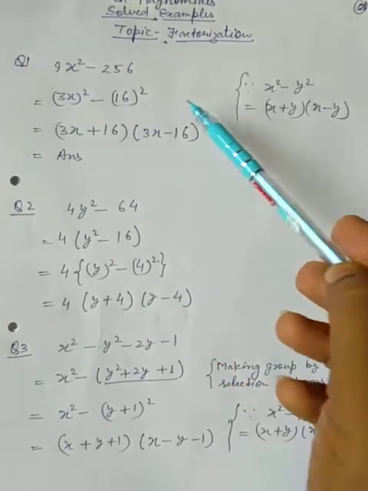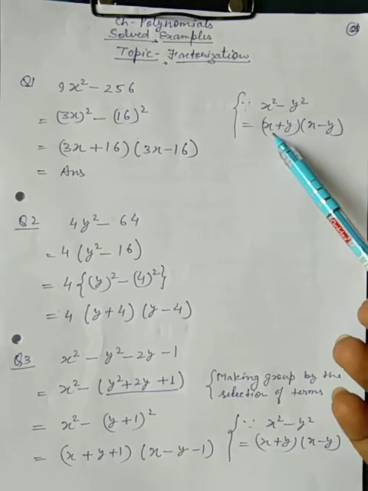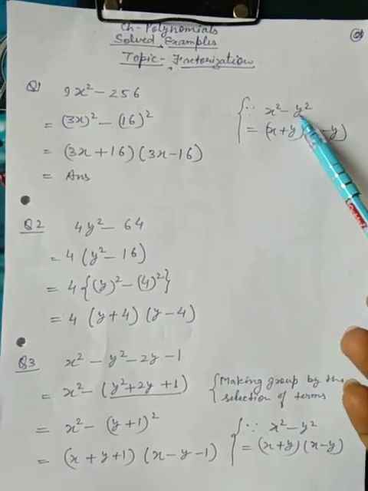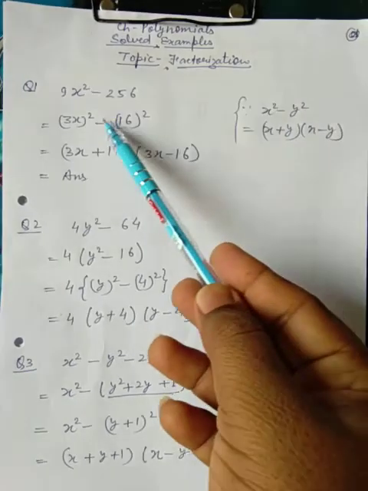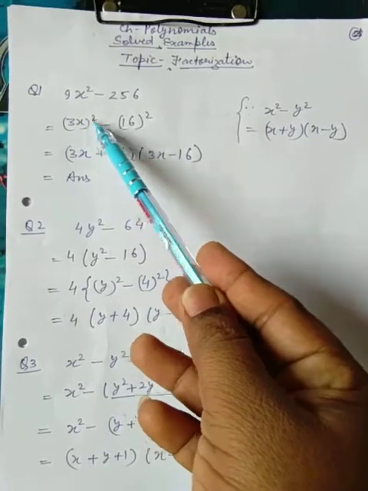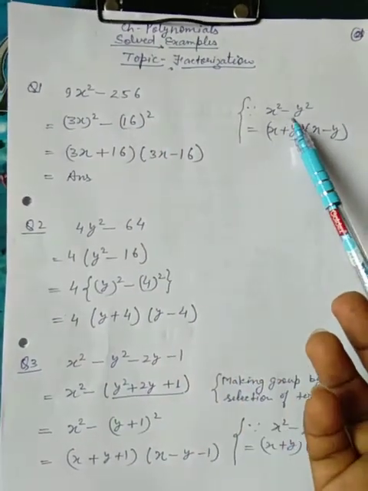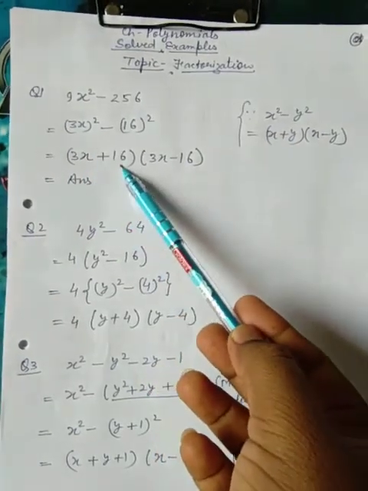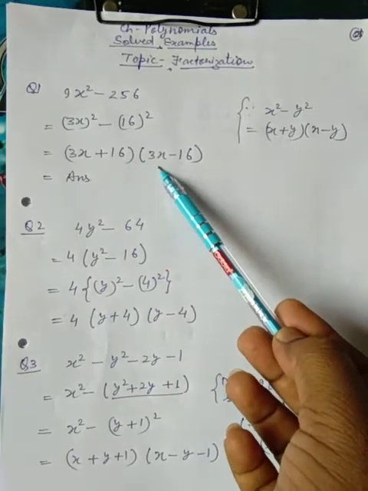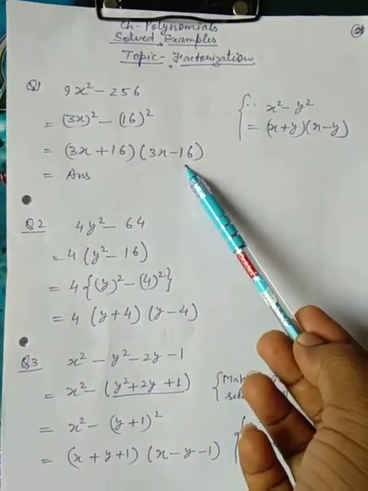I have mentioned the identity x square minus y square equals (x plus y)(x minus y). Here x is the first term and y is the second term. In this question we can consider 3x as the first term and 16 as the second term, and using this identity we can write 3x plus 16, first term plus second term, in the first bracket, and in the second bracket it should be 3x minus 16, right?